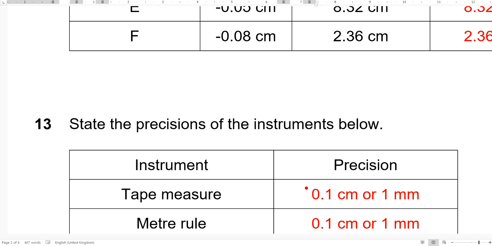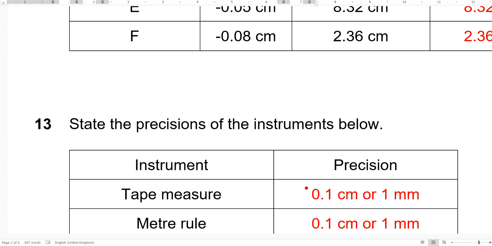It should have the same precision as our meter rule. It can measure up to 1 mm. Cannot go smaller than that. Look at a ruler. Can you go smaller than 1 mm? Cannot. It is the same as the tape measure. Okay. So besides that, it's also used by tailors, right? Tailors, when they want to make clothes, measure your shoulder, measure your waist, everything.